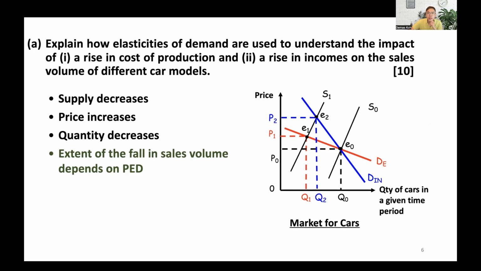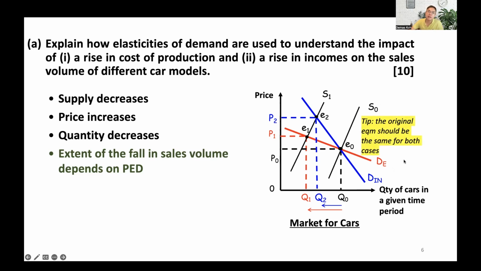And importantly, you would see that the extent of the fall in quantity demanded for the case in red, which is that demand is price elastic, is going to be greater than the extent of the fall in quantity demanded that's in blue, and that's when the demand is price inelastic.